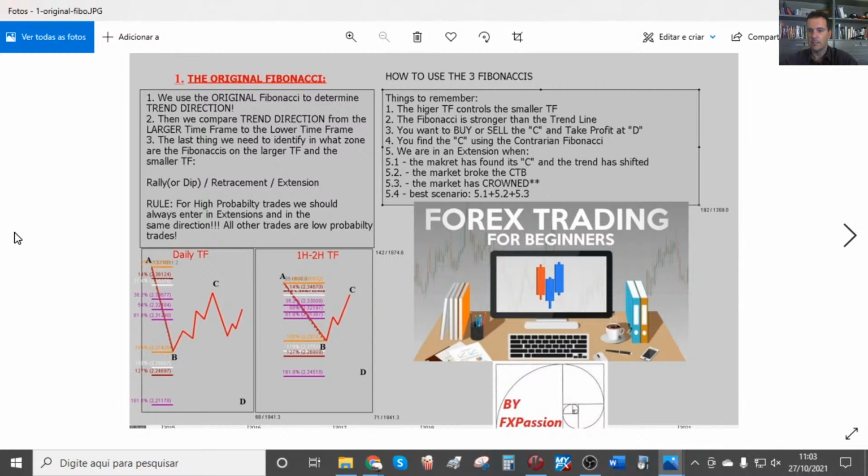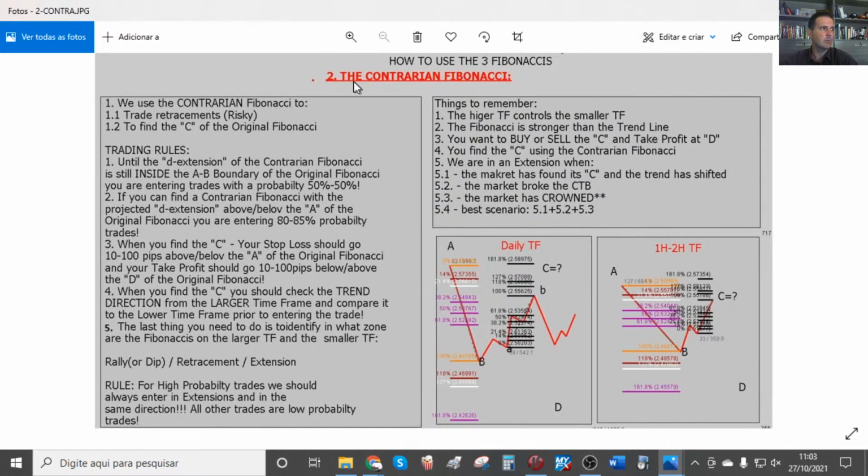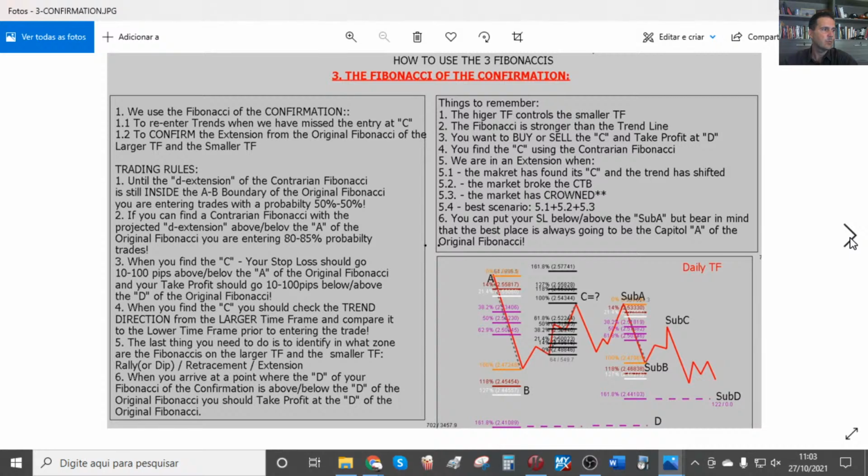Everything starts with the original Fibonacci and the rules, everybody. And then we move forward to the contrarian Fibonacci and the rules. And lastly, we are learning about the Fibonacci of the confirmation.